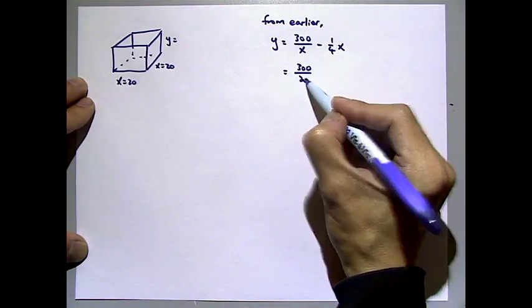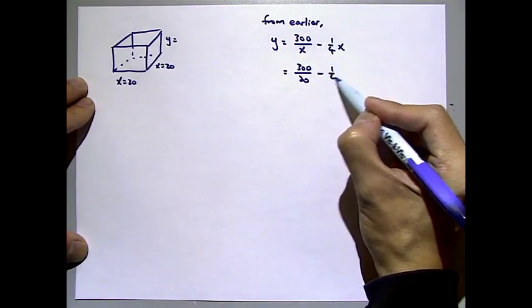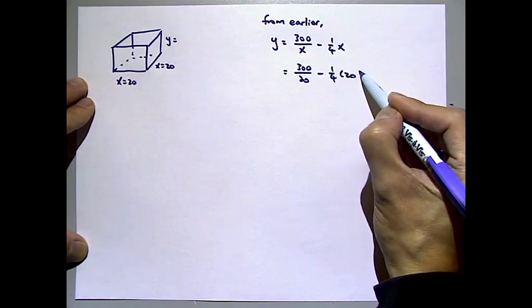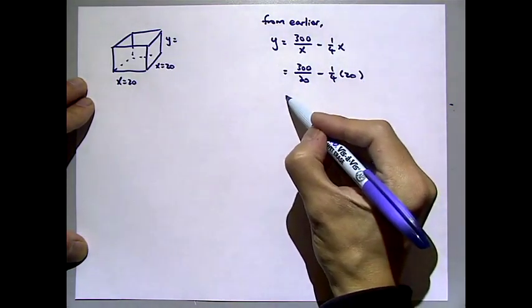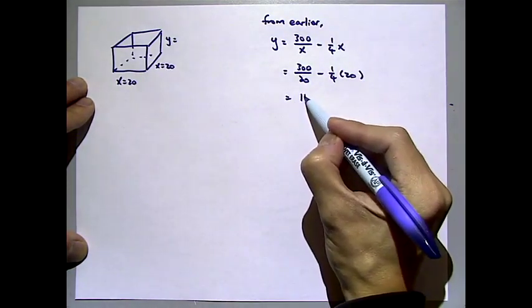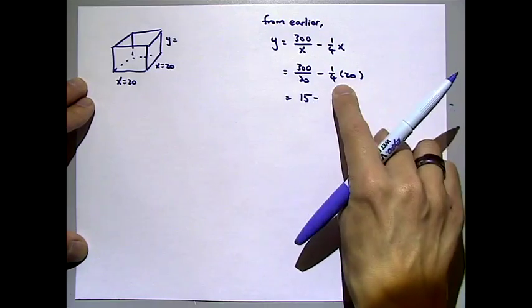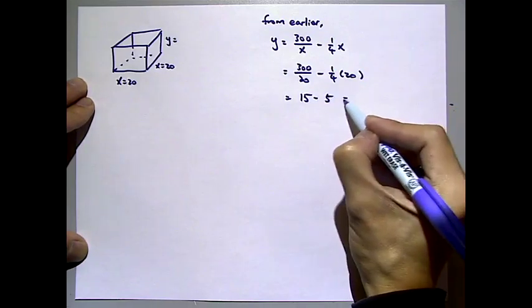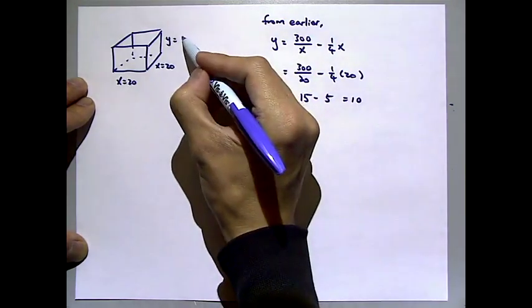Put 20 in there. So we get 15 minus, that's 5, right? 10. There we go.